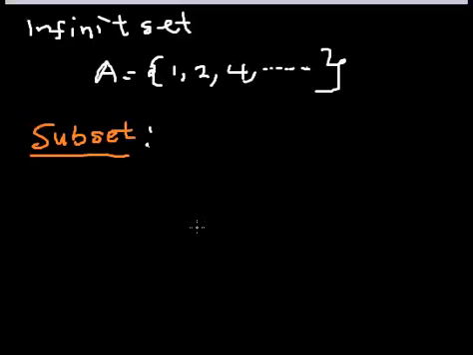So if we have sets A and B, and every element of A is also an element of B, that means the elements of A are derived from B. I can say that A is a subset of B, and this is how I write it. This is the symbol of subset, and please take note of the symbols, because in exams you will not be given words, you'll be given symbols. So this shows that A is a subset of B.